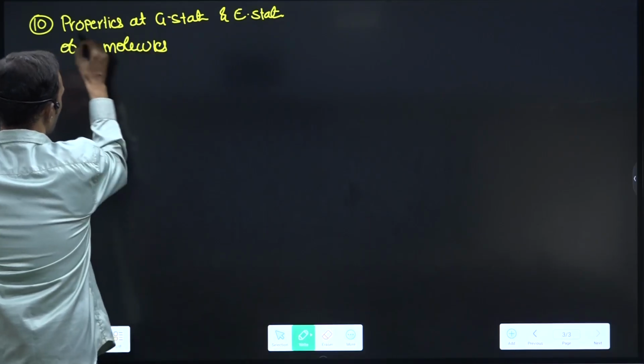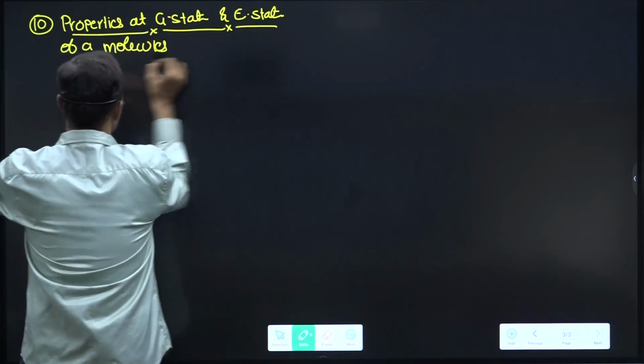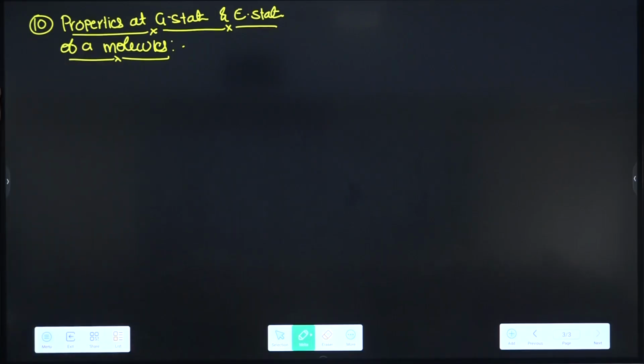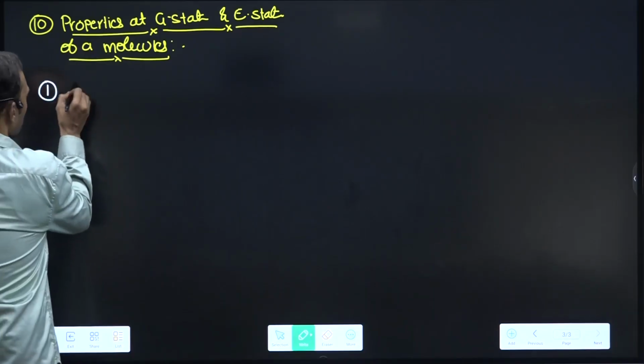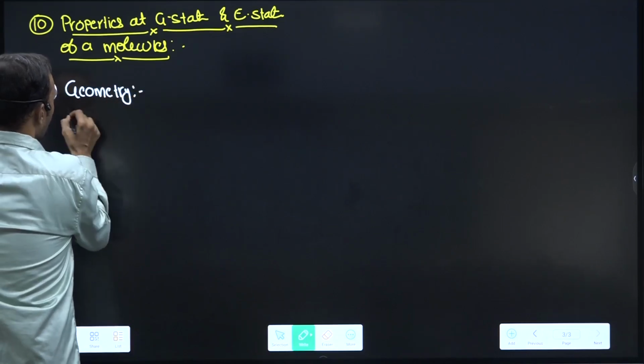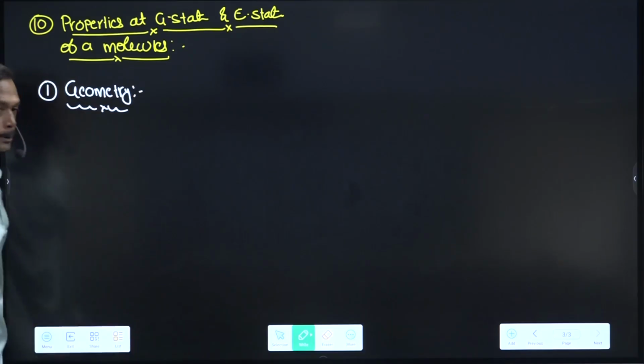What are the properties you observe, common or different, at ground state and excited state? Properties at ground state and excited state of a molecule. So first property, geometry.